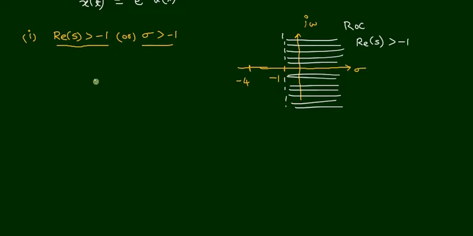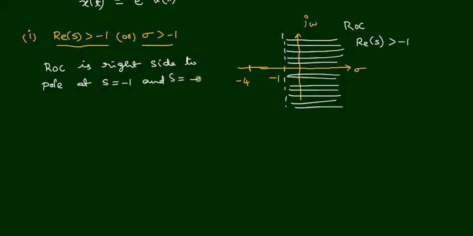So we write a simple comment here: ROC is right side to the poles at S equal to minus 1 and S equal to minus 4.